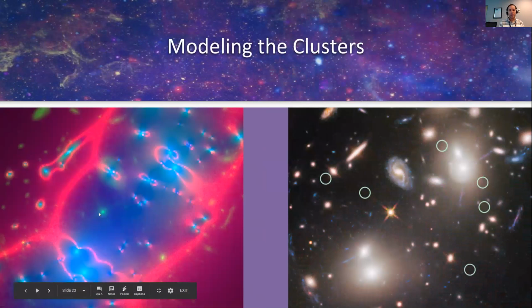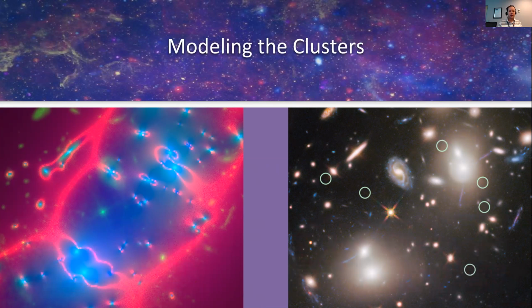You can do things like model those clusters. So a big thing about understanding the early universe is you have to employ models, right, to figure out, is our understanding of physics correct here? So what we can do is create models like what you see on the left. The left is a model based off of what we knew before the Frontier Fields program of Abell 2744.